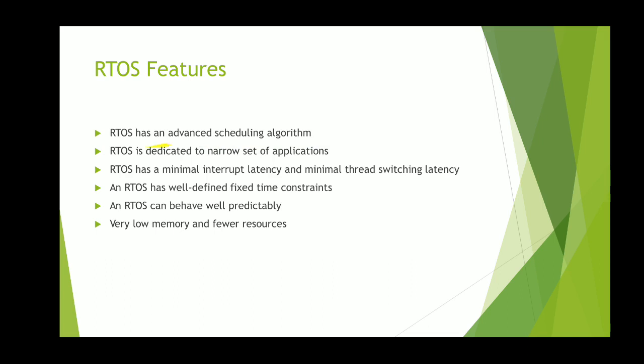So due to this advanced scheduling algorithm, the real-time operating system has all these three features: the minimal interrupt latency, and well-defined time constraints, and well predictability. And these three features are achieved using this advanced scheduling algorithm, and it is dedicated to a narrow set of applications.